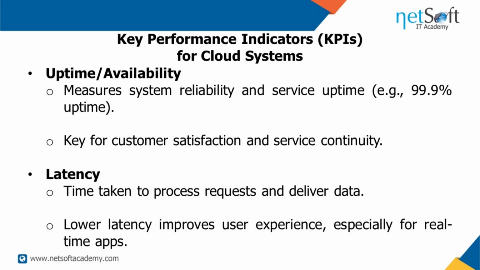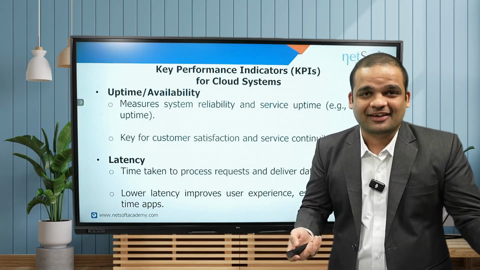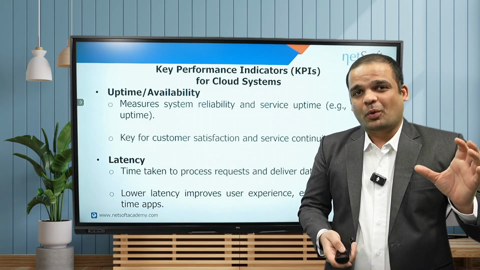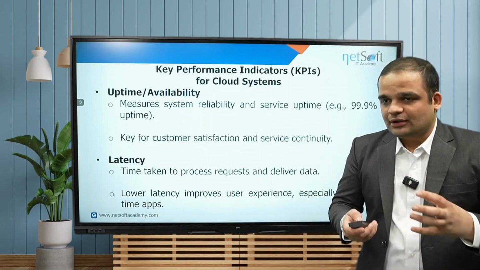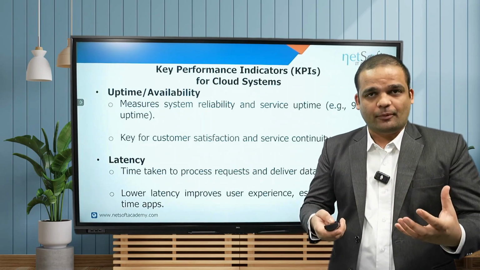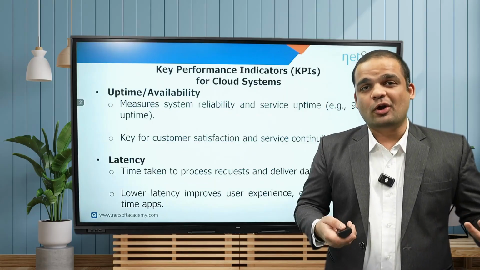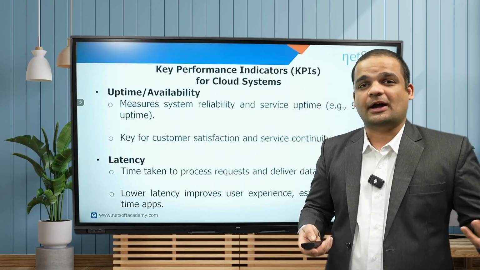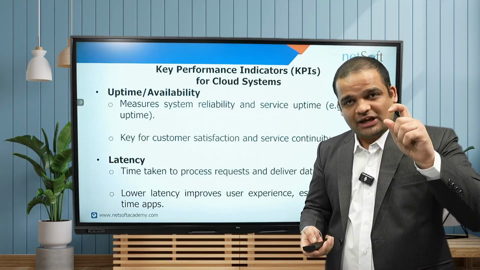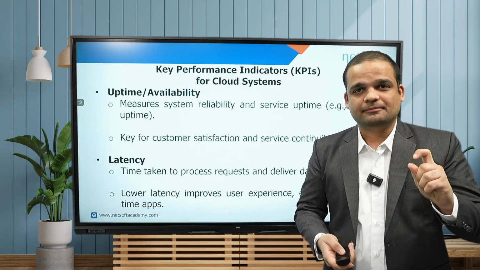Example, you will see 99.9% uptime or 99.9999% as well. So now you know what uptime means, and a lot of cloud platforms actually even brag about it. Sometimes they say, hey, we offer 99.99% uptime. That means the downtime will be super minimal.